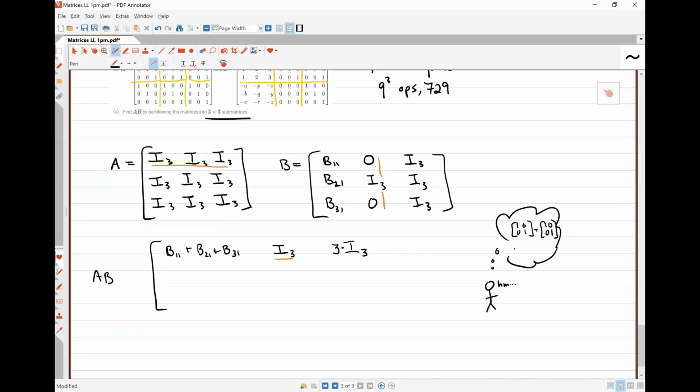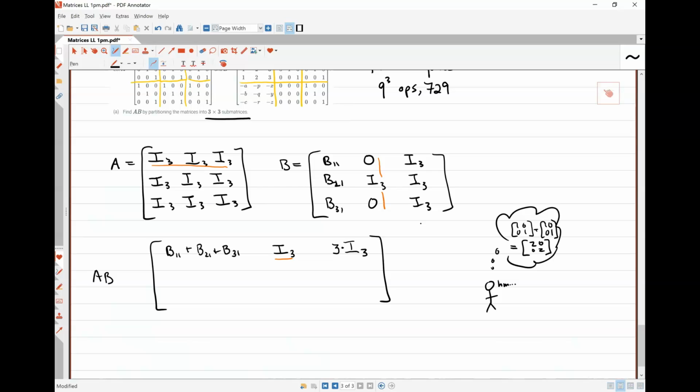Right, so I see. Okay, this is 2002, right? If you add 2 identity matrices, you get 2's on the diagonal. If you add 3 identity matrices, you get 3's on the diagonal, and so on. Right, so that's where we're getting this, right? It's I3, I3, I3 times I3, I3, I3. Okay.